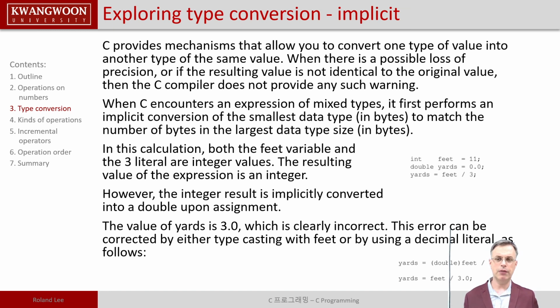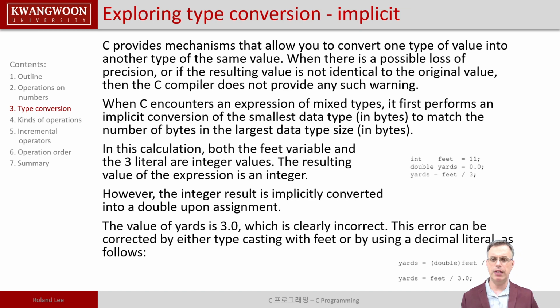So consider the following calculation here: int feet = 11, double yards, and yards = feet / 3. In this calculation, both the feet variable and the 3 literal are integer values.